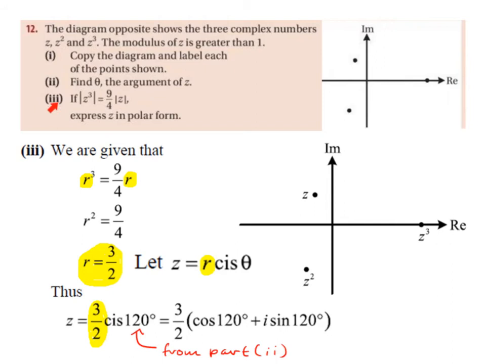Part 3. If the modulus of z cubed is equal to 9 over 4 multiplied by the modulus of z, express z in polar form.